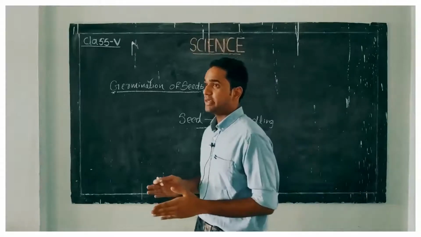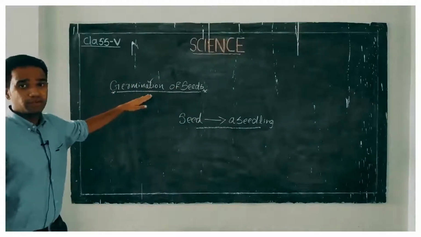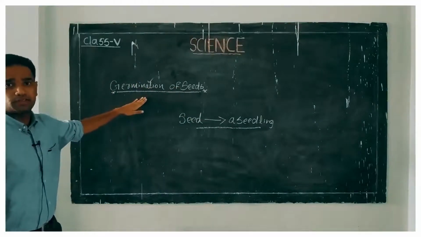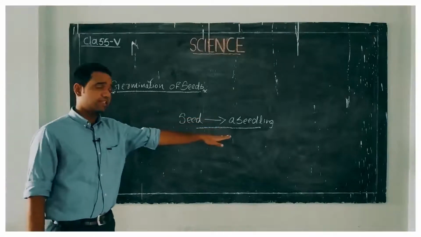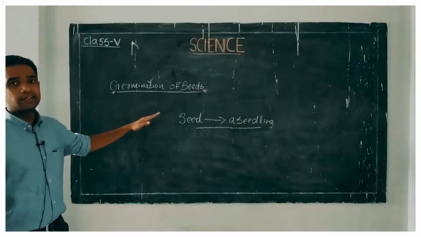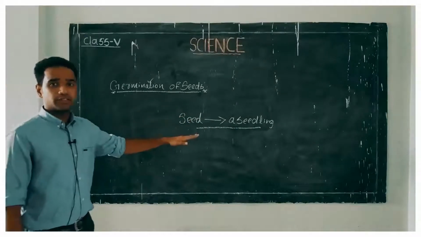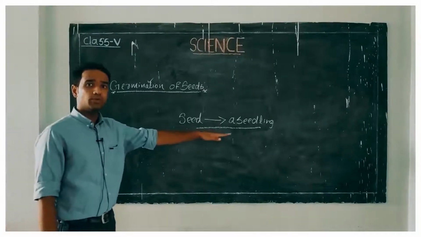Once again, I will repeat, what do you mean by the term germination? Germination is the process of development of a seed into a seedling. Or in simple terms, germination is the process by which a seed grows into a new plant.